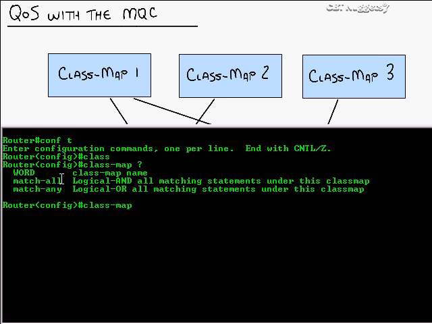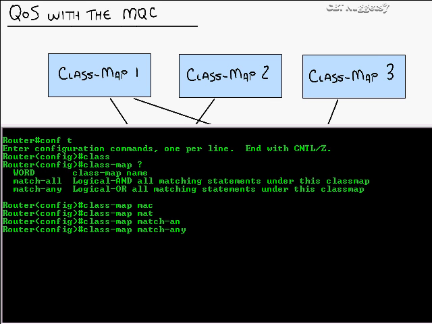If I put match all, I have this and in there. I have to match that application and that IP address and that access list and so on and so forth. So in this case, I'm going to choose to put match any. And that way, it'll match any of the criteria, and I'm going to call this one junk_traffic. That's the name of my class map.